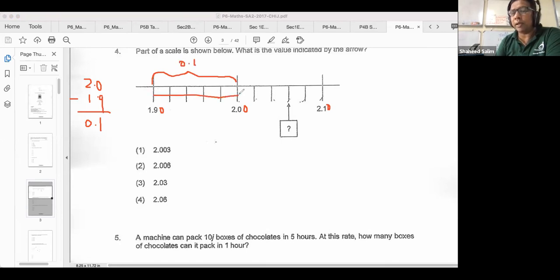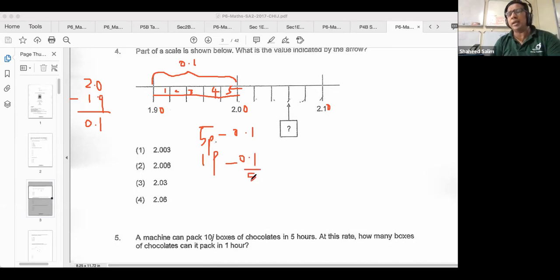We can count together. 1, 2, 3, 4, 5. So 5 parts is 0.1. For one part, you divide now: 0.1 divided by 5. See how to do it like that. You can do it like this if you want.